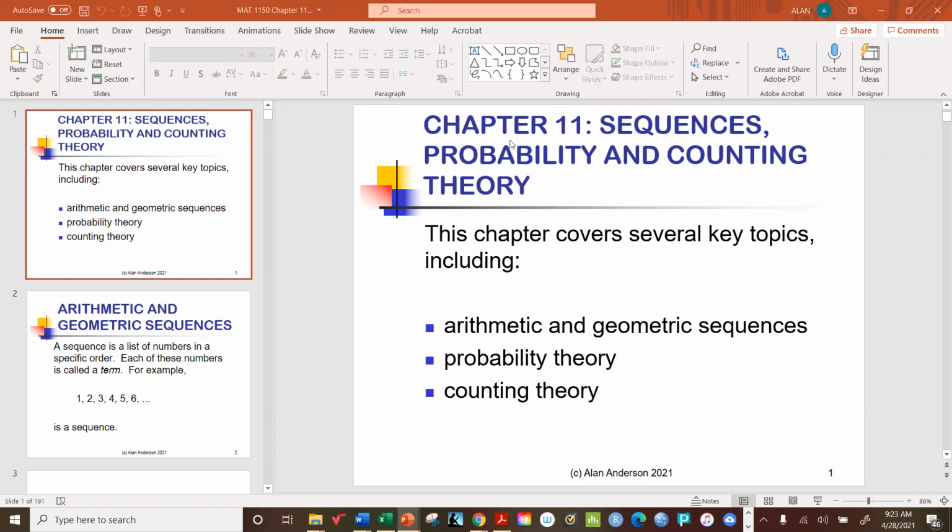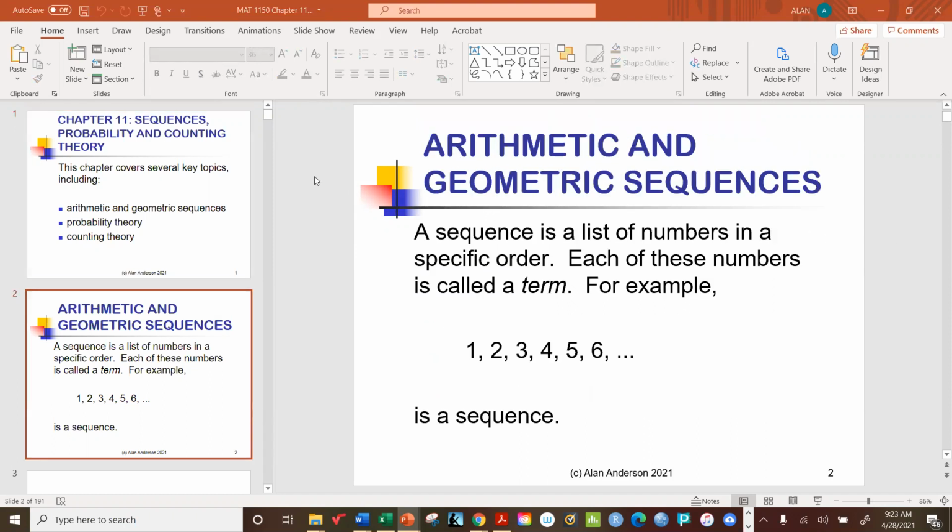Anyway, we'll start out by noting that a sequence is simply a list of numbers in a specific order, and each number in this sequence is called a term. Often we can describe these sequences with a mathematical formula. We won't get involved with that right here. It gets very intense very quickly, but it's enough to note that if you look at the numbers, you should be able to spot the pattern pretty quickly.